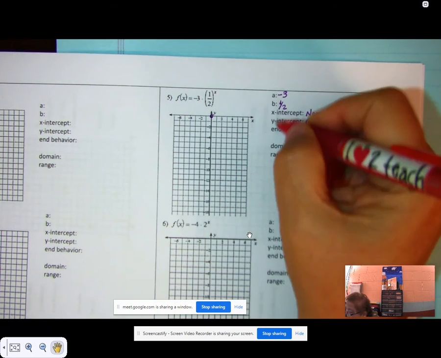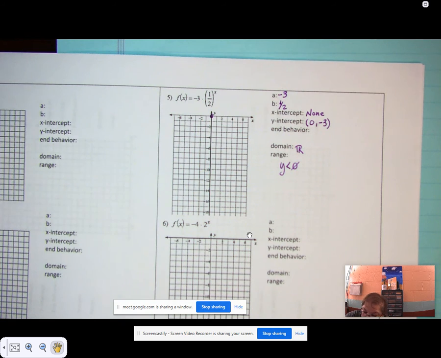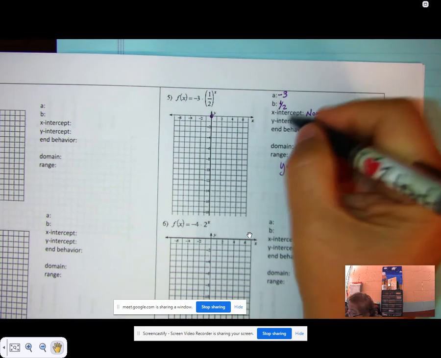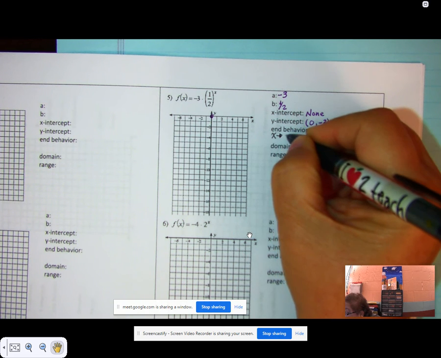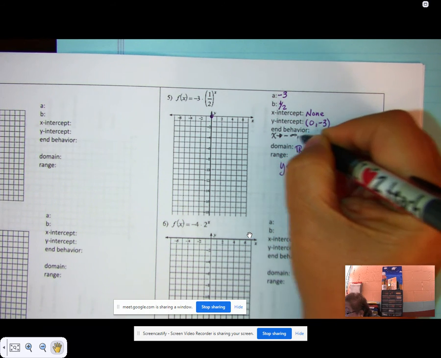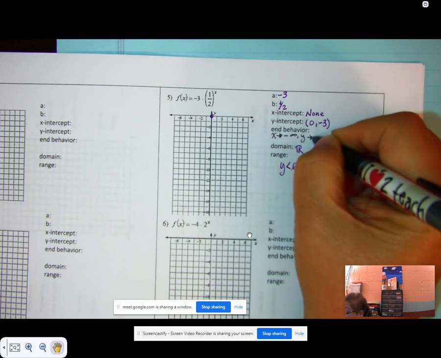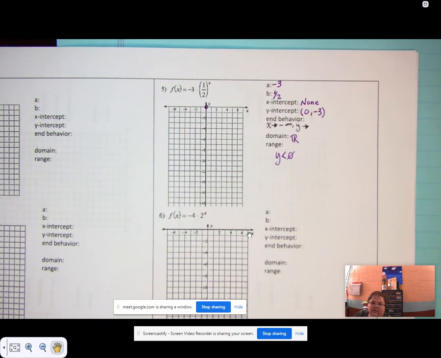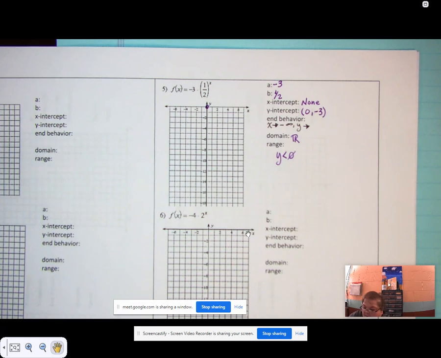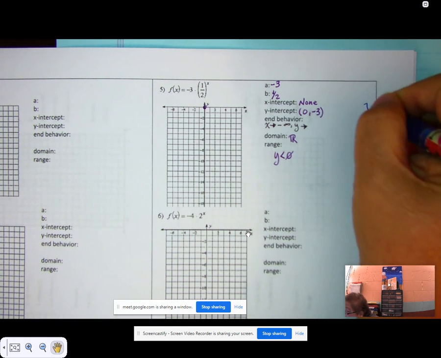All right, let's try our end behavior. Let's see what we got here. As x approaches negative infinity, y approaches, do you know? Nope, that's why you have to have your table of values. So let's do that now.